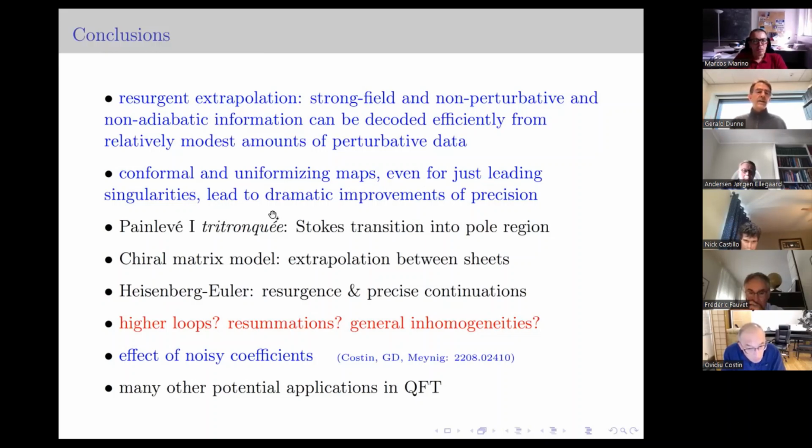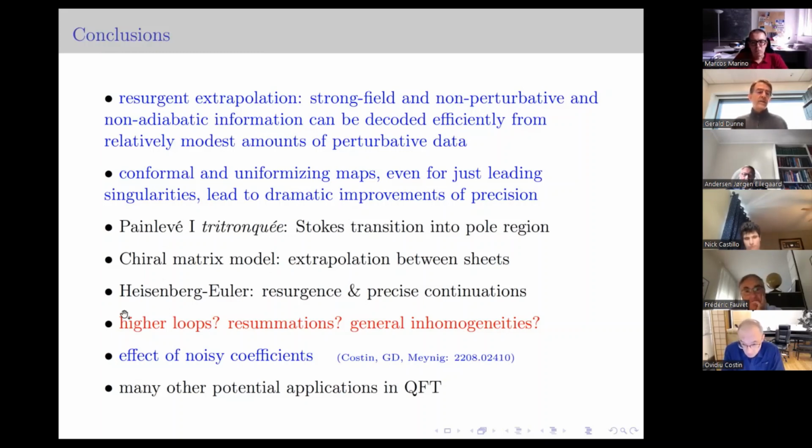I showed you 3 examples: this Painlevé, going from the original asymptotic expansion at large x on the positive line into the pole region; this chiral matrix model, where you could go from the first sheet to the second sheet just directly using this uniformizing map; and the Heisenberg-Euler case, where you can see strong evidence for this parametric resurgence, and you get much more precise analytic continuations.